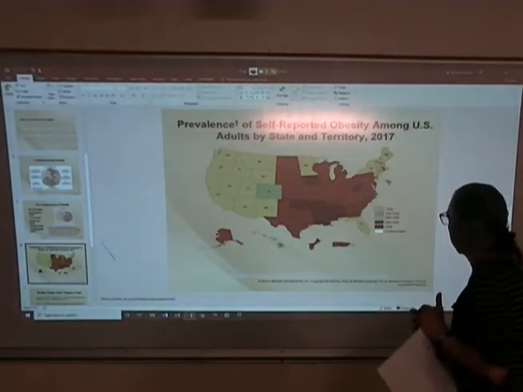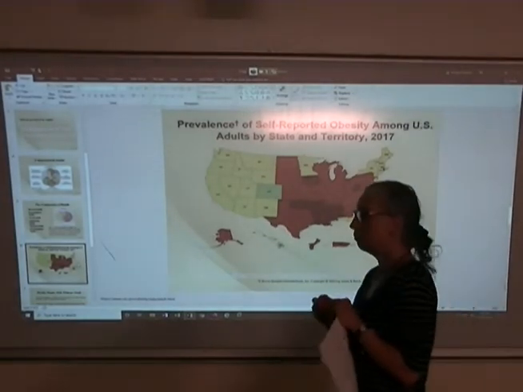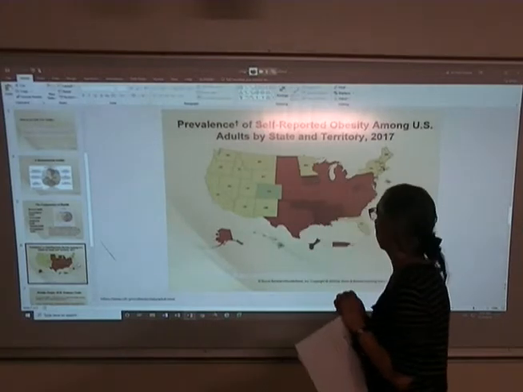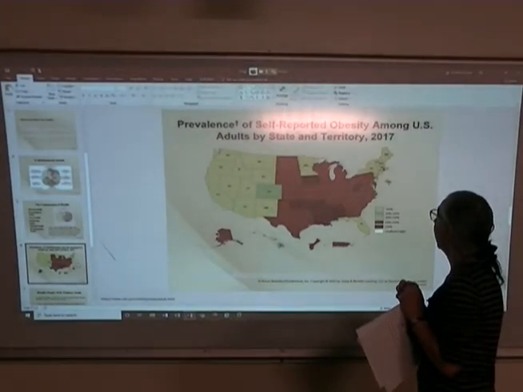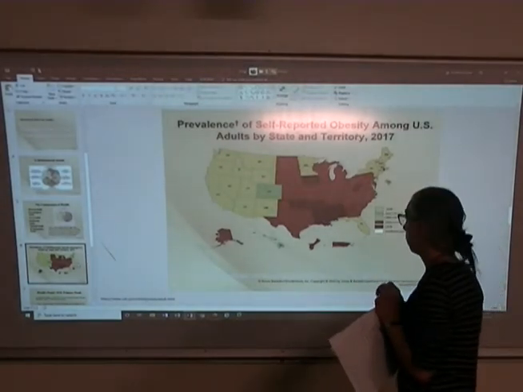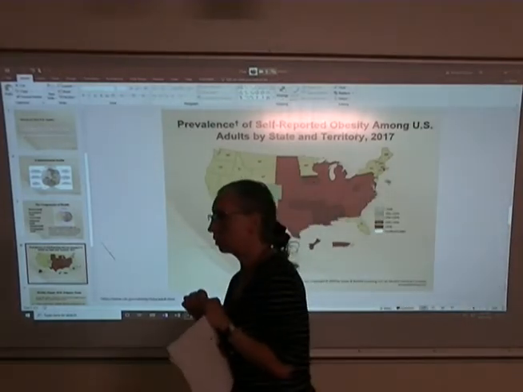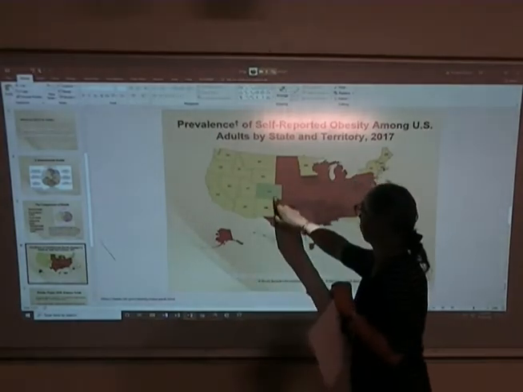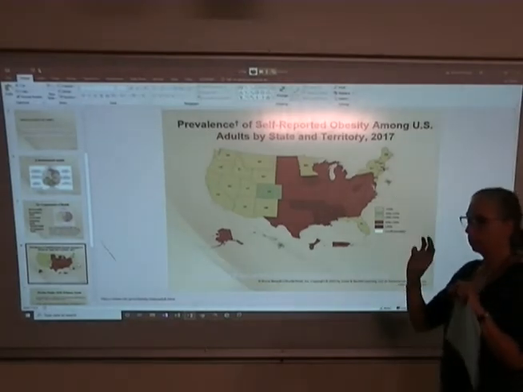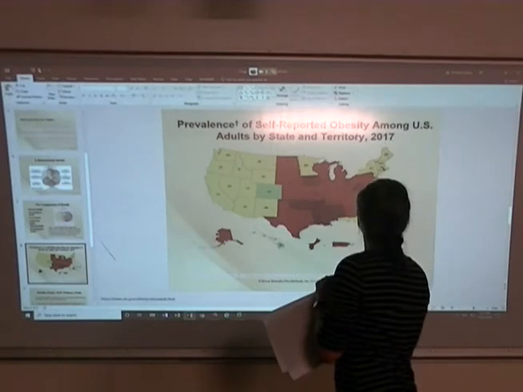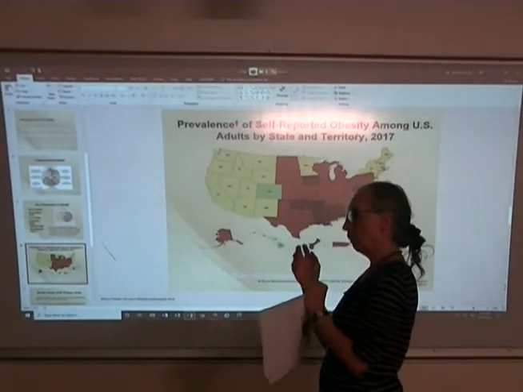The interesting thing is the prevalence of self-reported obesity in adults. We don't have any state anymore in North America that indicates less than 20% of adults are obese. Hawaii, Colorado, and Washington, D.C. are the lowest, at 20 to 25% of adults reporting obesity.